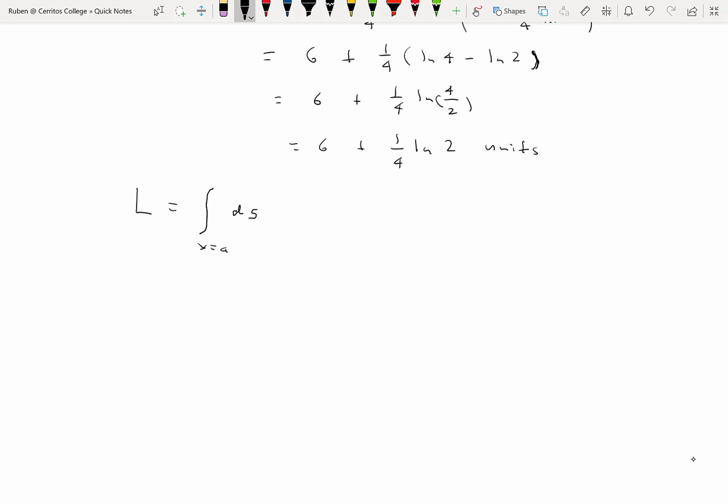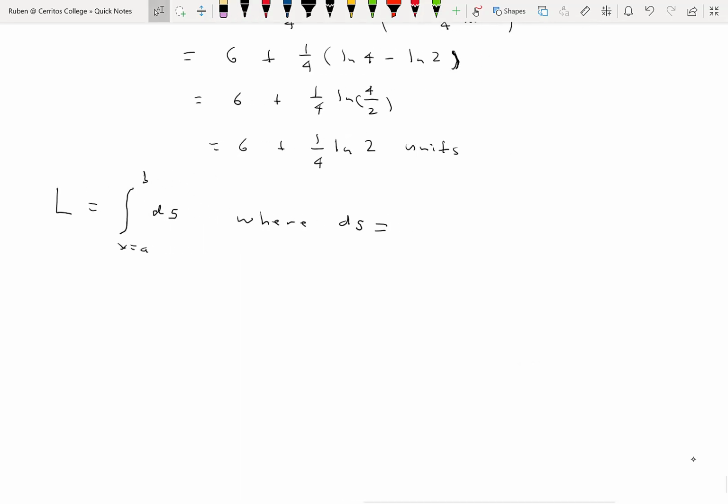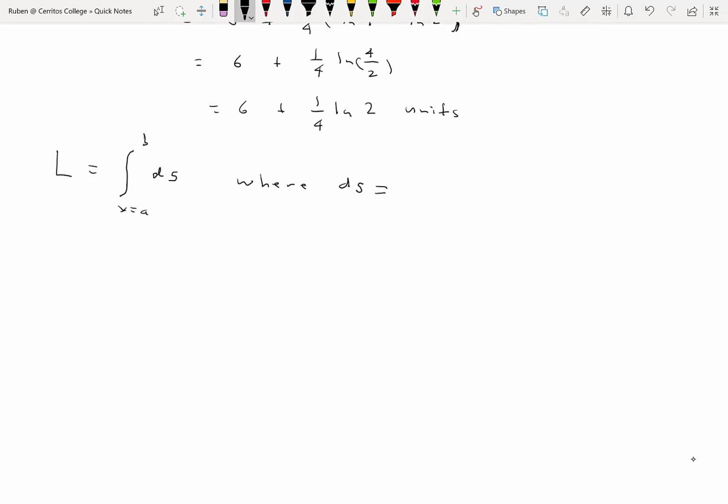This was the simple version of our formula, and we found that ds, and in physics circles or in engineering circles, the ds is called the differential element of arc length.